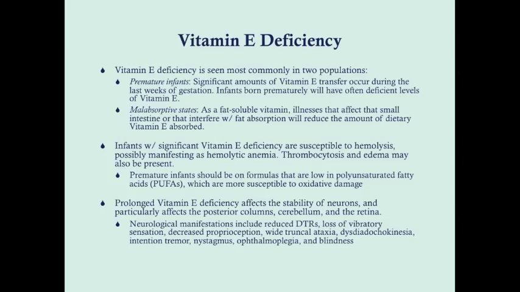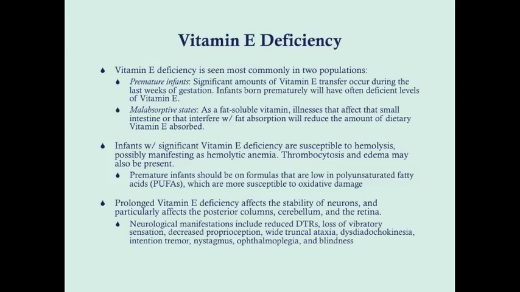And so they're going to have much lower vitamin E stores in their body, and so as they're developing new blood cells, they're not incorporating vitamin E into those blood cells, and so they have a tendency to develop hemolysis. And then malabsorptive patients, any patient who has issues with fat absorption, because this is a fat-soluble vitamin, they're at risk for vitamin E deficiency as well.